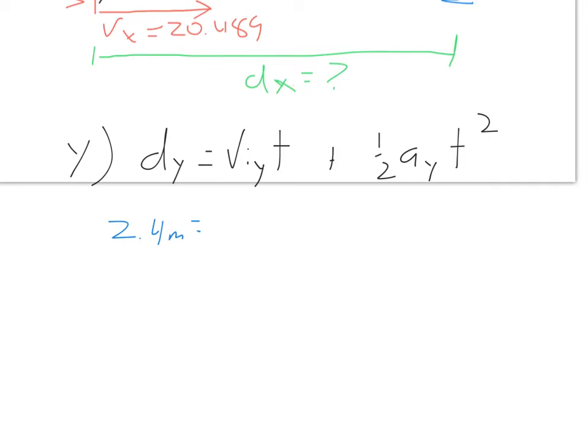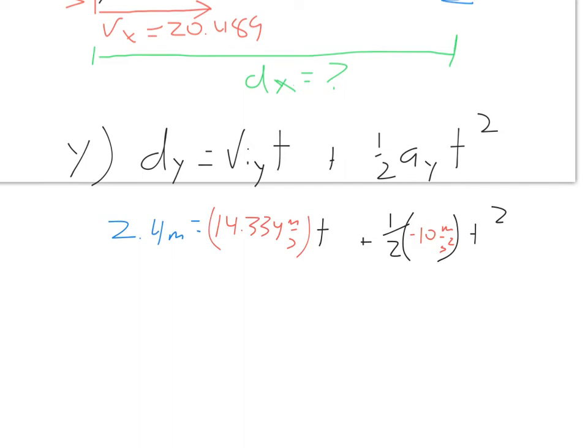That's the Vy component that I found before, that 14.334 meters per second, times the time plus 1/2 times the acceleration in the y direction, which is gravity. That's your -10 meters per second squared. All this times the time squared.